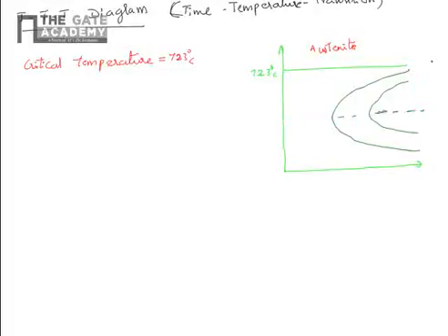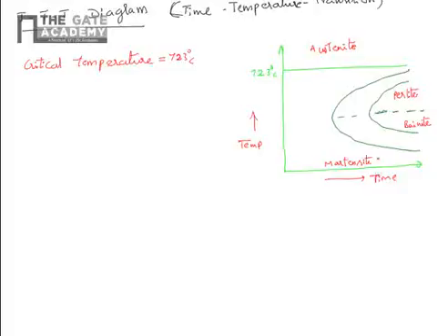Here it is pearlite, here it is bainite, and this region is called martensite. This one is temperature, and this is time.